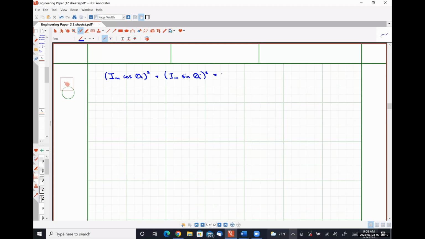Well, this has to be equal to Im squared times cosine squared theta I plus sine squared theta I. Well, what's cosine squared plus sine squared? 1. That means I can figure out what my magnitude is purely in terms of my components now, right?